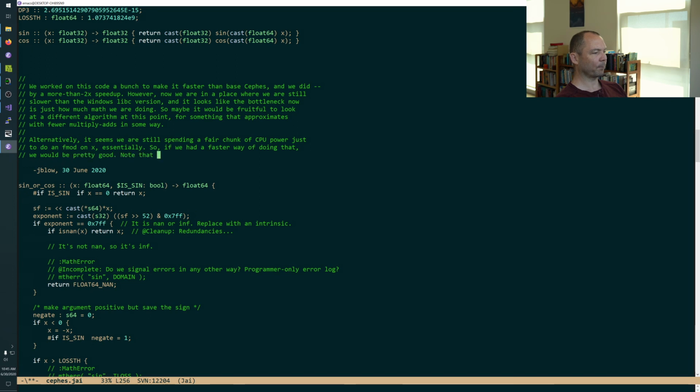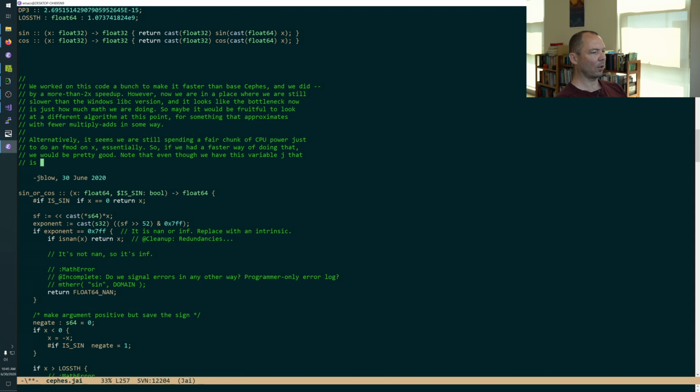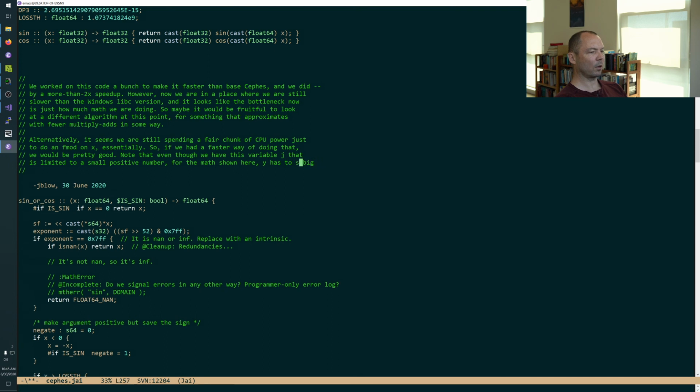Note that even though we have this variable j that is limited to a small positive number, for the math shown here, y has to be big, has to stay big, because x is big. That seems like an opportunity to fix something.